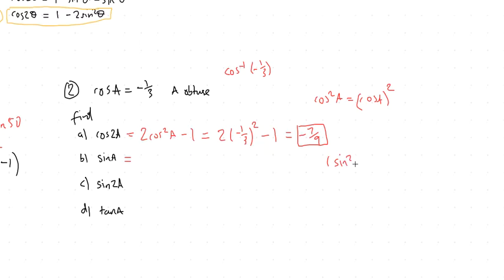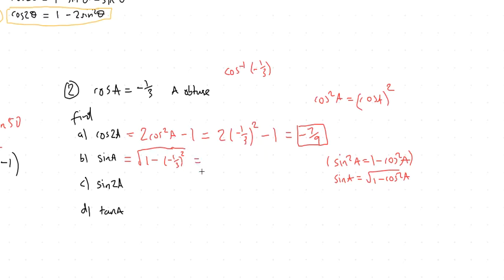Sine squared A equals 1 minus cos squared A. And then we could square root both sides and say sine A is root 1 minus cos squared A. So we could say that sine A is root 1 minus, in this case, minus a third squared. That's just cos A squared.